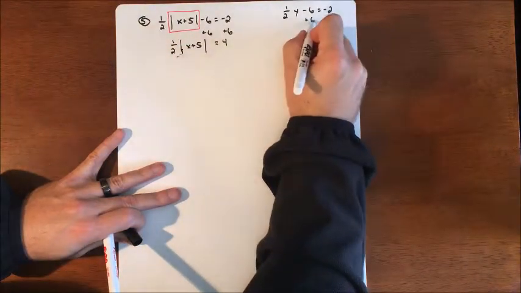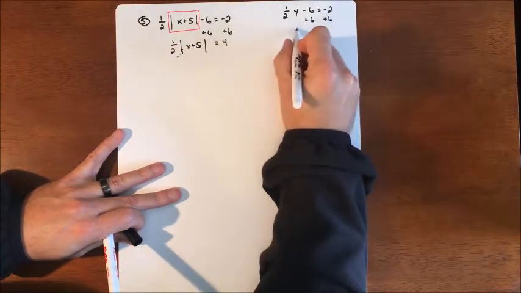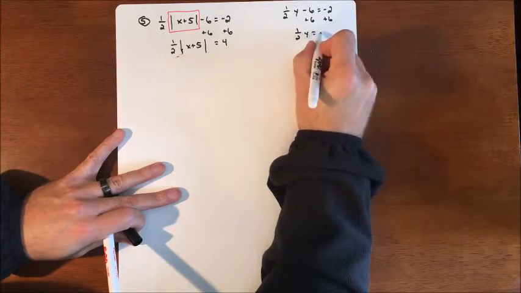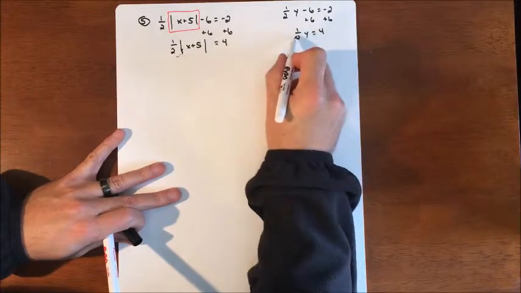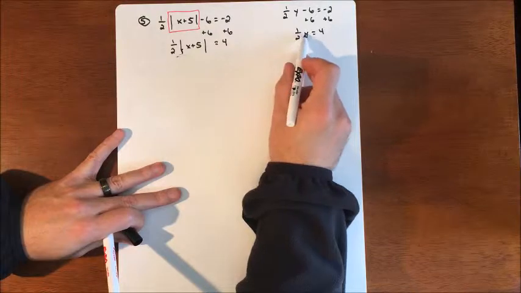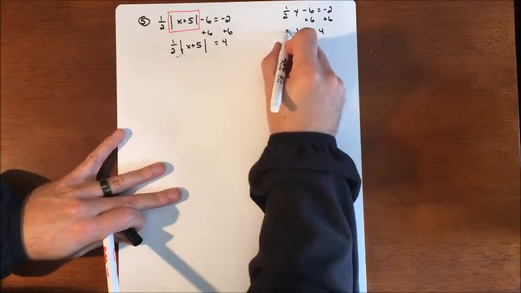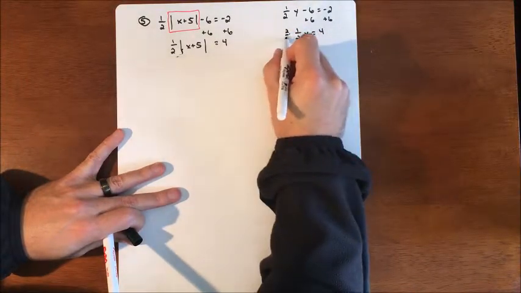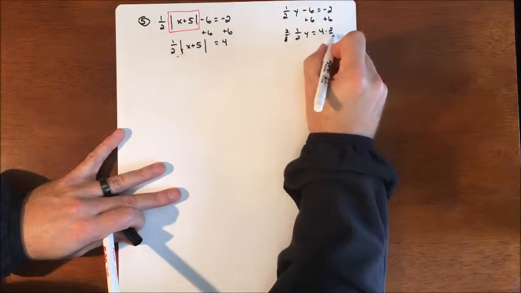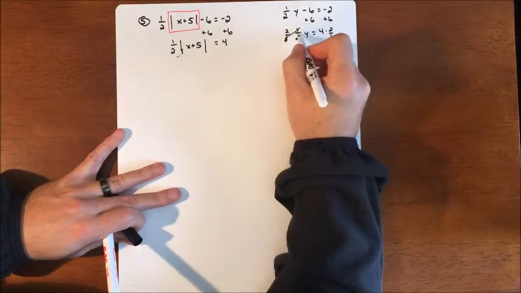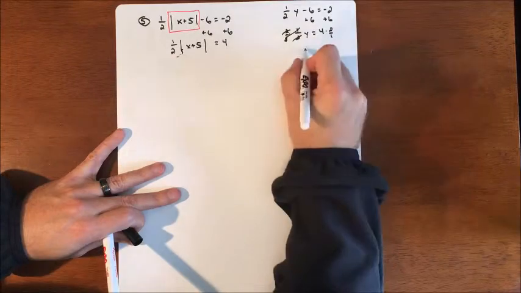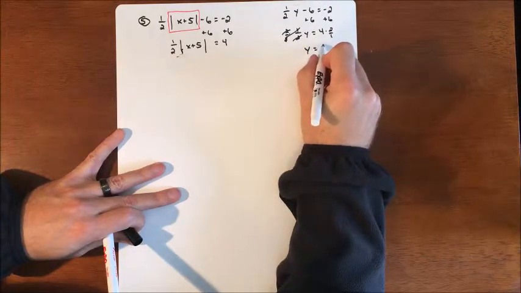So exact same look right here. So we have a 1/2 y equals 4. How do we get rid of a 1/2 multiplied to the variable? We would multiply by the reciprocal. And those multiplying by reciprocal would cancel it out, so you'd have y would equal 8.